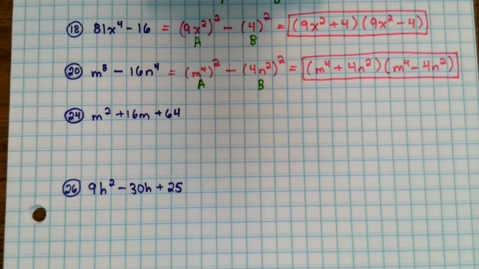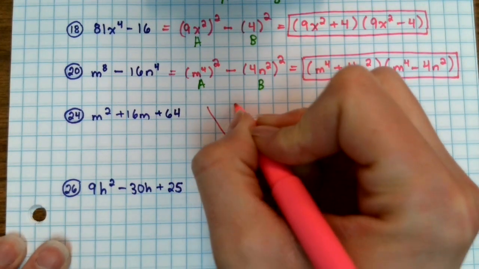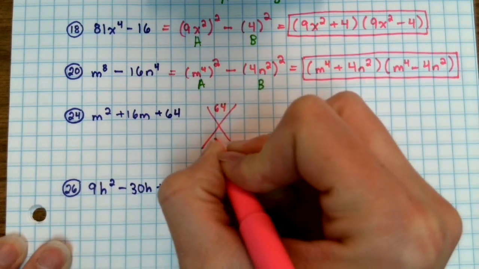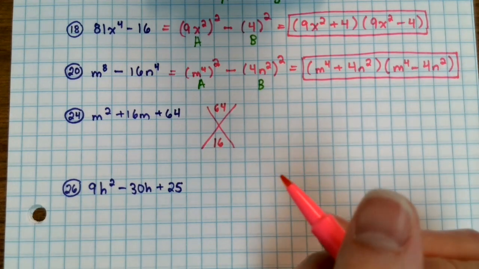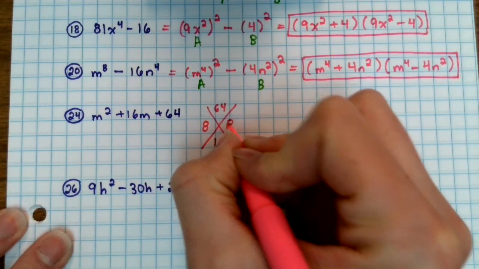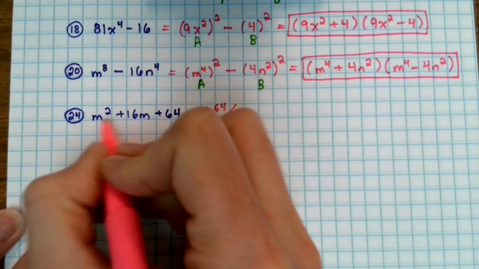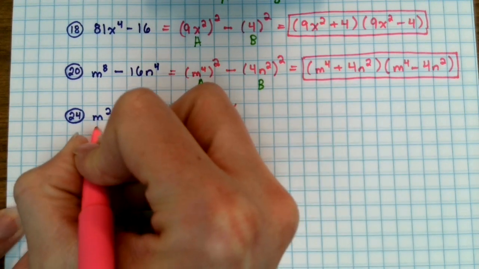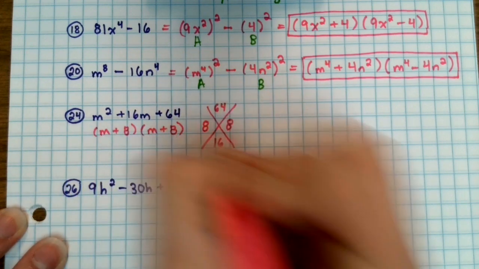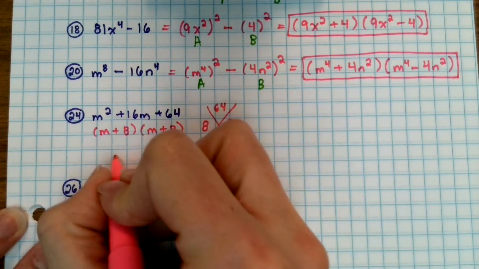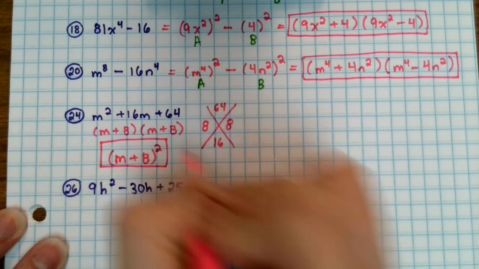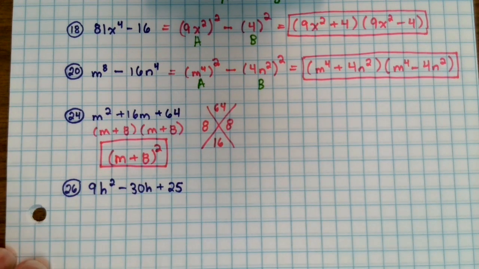So we can go through and, just like before, organize our thoughts by saying, okay, what's going to multiply to 64, but then add to get to 16? And that combination is 8 times 8. So 8 times 8 gives me 64, but it also adds to 16. So this is going to factor into m plus 8 times m plus 8, and then we can simplify this more by writing as m plus 8 squared. And that would be the final answer for that question.